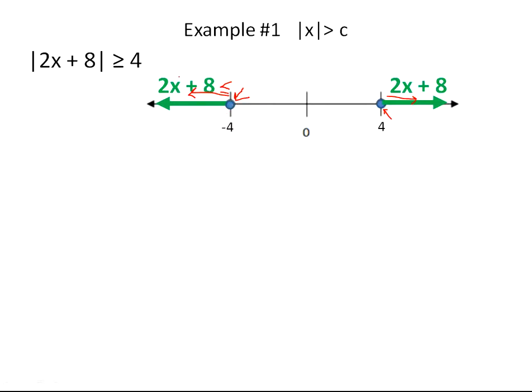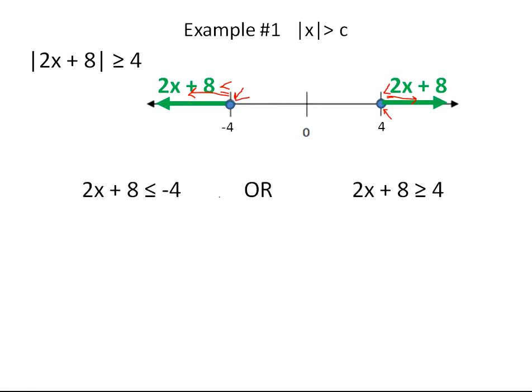So there's one inequality: 2x plus 8 is less than or equal to negative 4. Over here, 2x plus 8, how does it relate to this boundary? Well, the boundary is less than or equal to 2x plus 8. In other words, 2x plus 8 is greater than or equal to 4 because it's on the right side of 4.